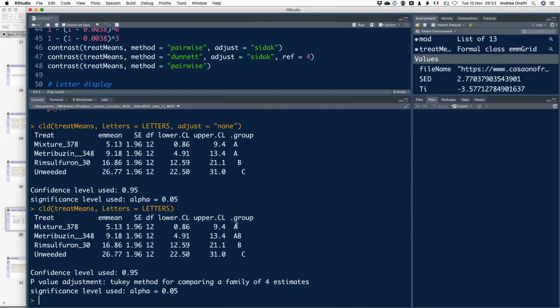Here we see that something has changed, because the mixture and metribuzin are not significantly different, but now metribuzin is not significantly different from rimsulfuron. So this contrast here is not significant. So something has changed, and we noticed that before.